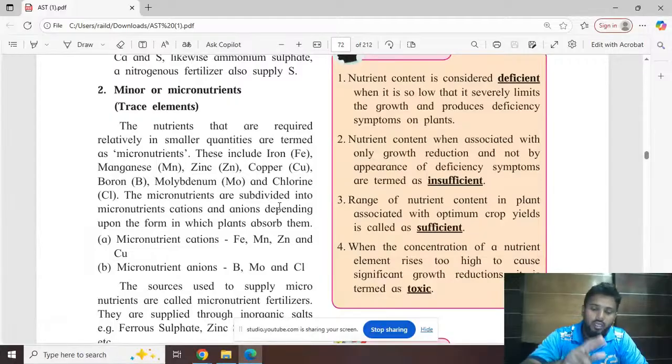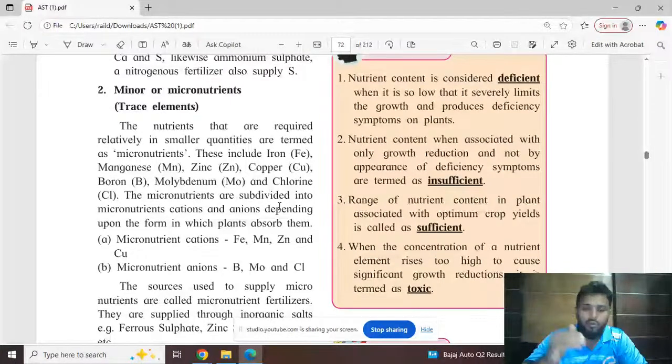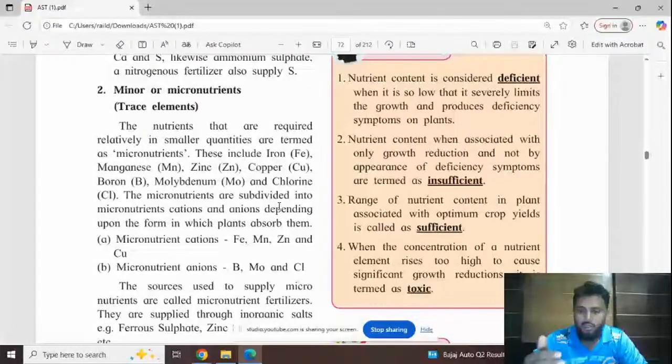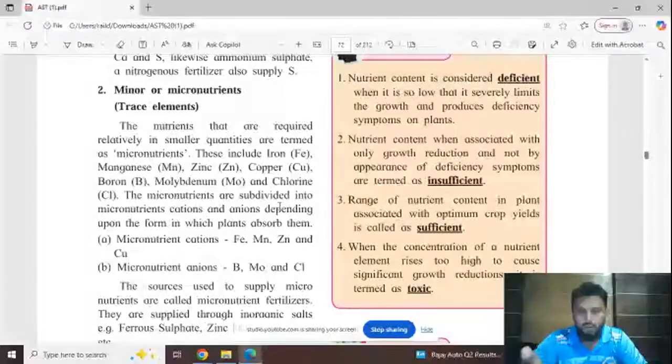So for providing this nutrient to the soil, we are going to apply fertilizer. If we want to provide nitrogen, the fertilizer applied is urea. If you want to provide phosphorus, single superphosphate, and if you are going to provide potassium, the fertilizer applied is muriate of potash.